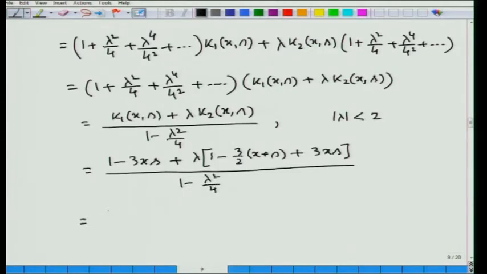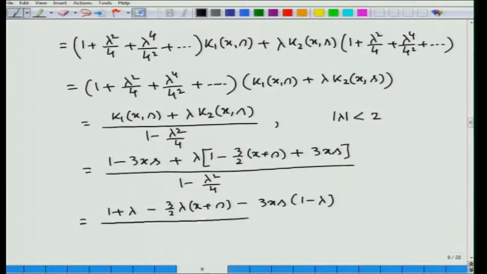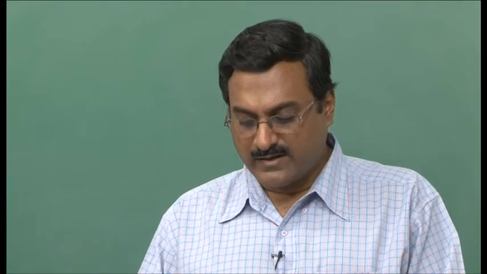So, that means this is equal to 1 plus lambda minus 3 by 2 lambda times (x plus s) minus 3xs multiplied with 1 minus lambda, divided by 1 minus lambda square by 4. So, this is actually the sum of the Neumann series, and also this is the expression for the resolvent kernel.